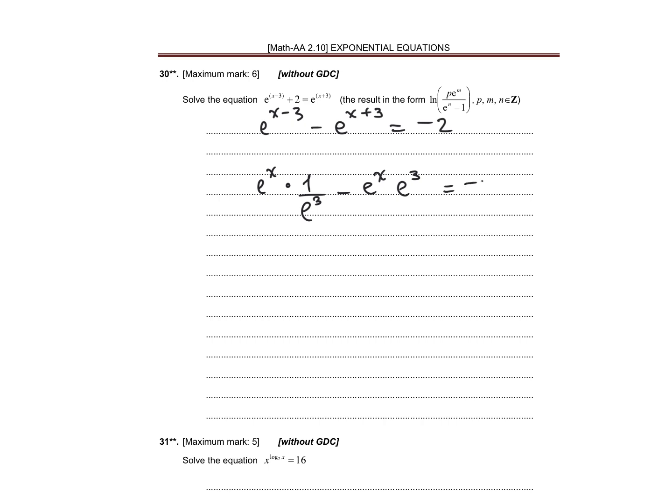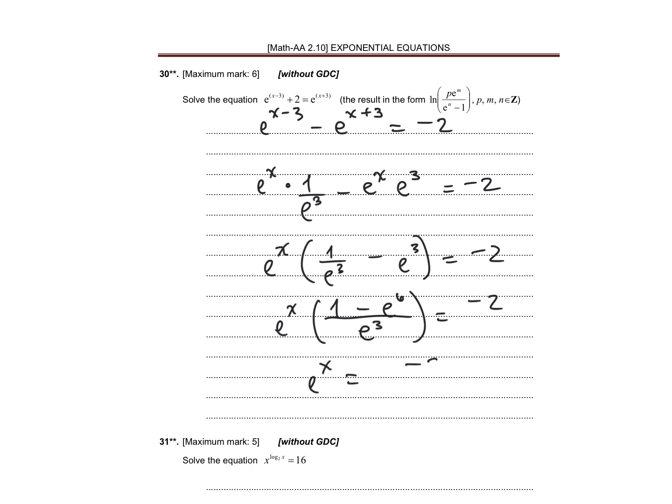And can we factor out e to the x, which is 1 over e cubed minus e cubed. Yeah, this is it. So then we have, if we make the same denominator, e cubed, we're going to have 1 minus e to the 6th.